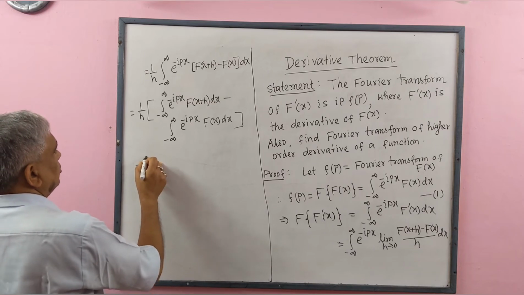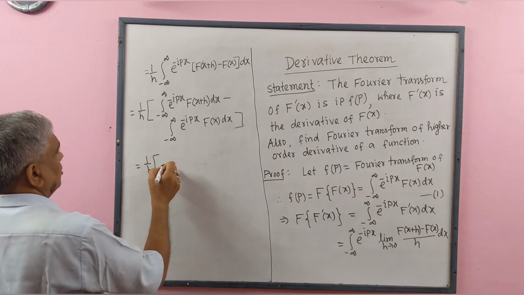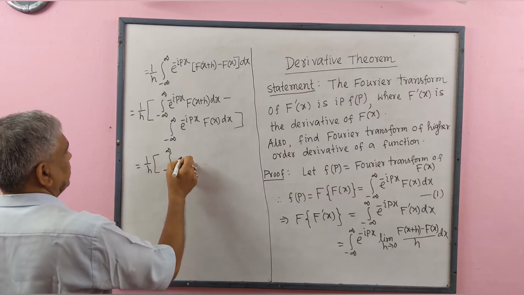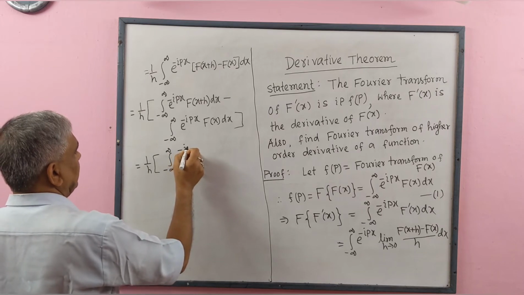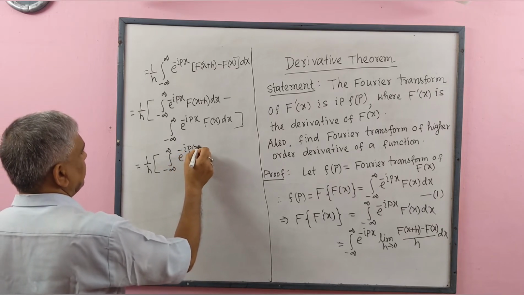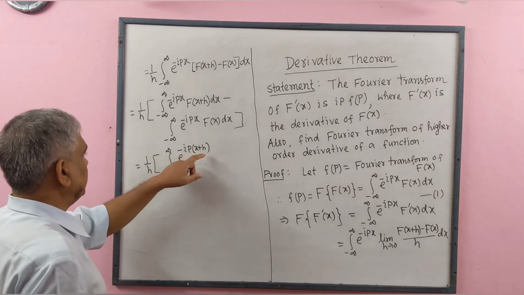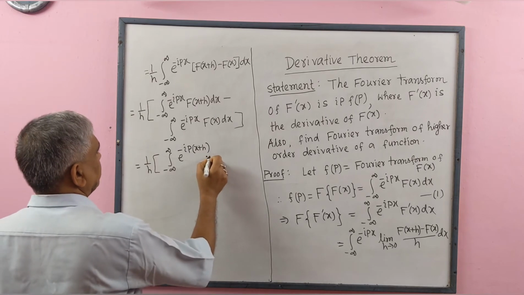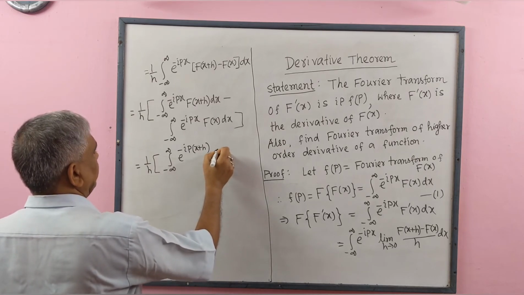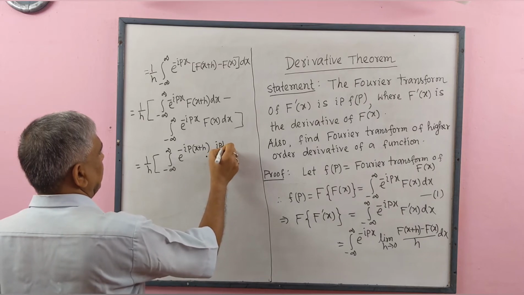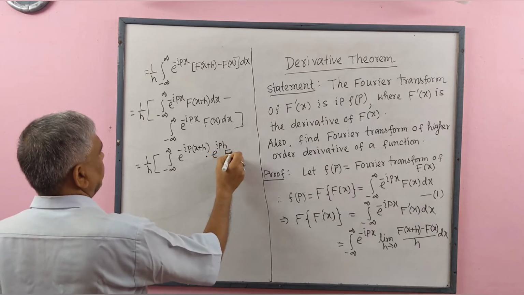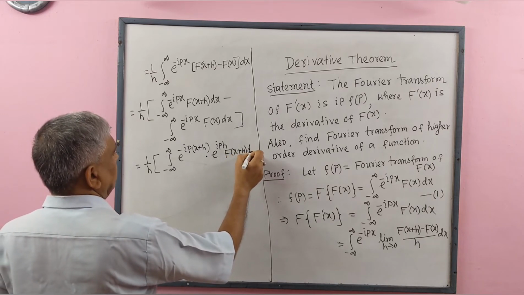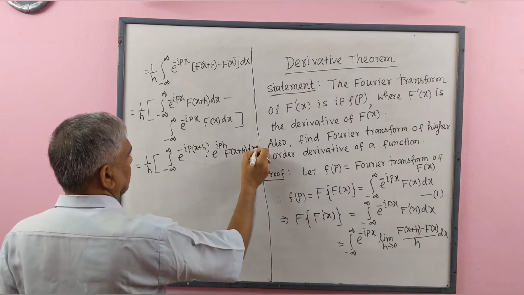This equals 1 by h times the integration of e to the power minus ip(x plus h). We add this, so to adjust this we have to write e to the power iph f(x plus h) d(x plus h).